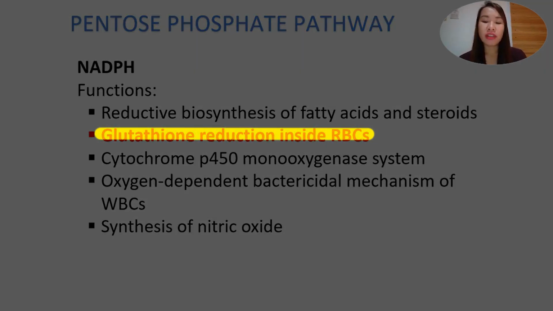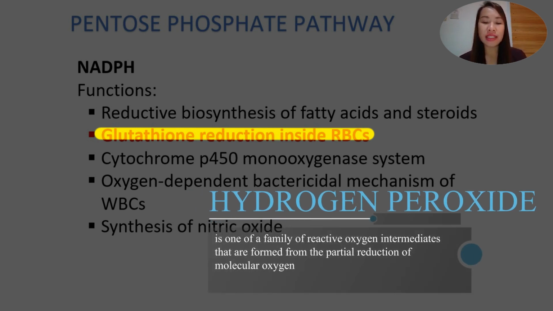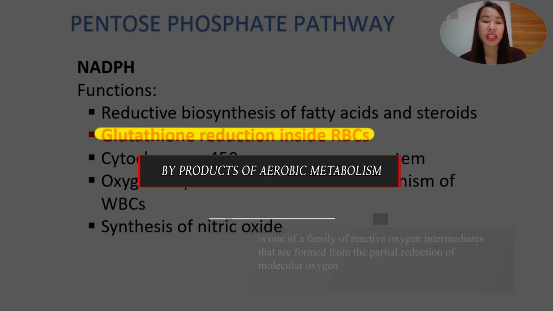Hydrogen peroxide is one of a family of reactive oxygen intermediates. These are oxygen intermediates that are formed from the partial reduction of molecular oxygen. So it is a byproduct of aerobic metabolism. Hydrogen peroxide is something that the body produces after we have aerobic metabolism in the cell.